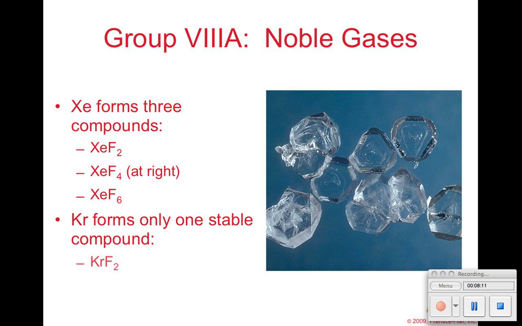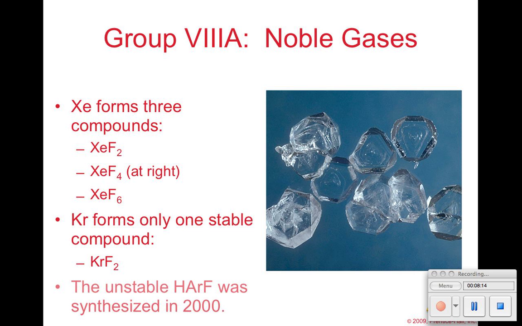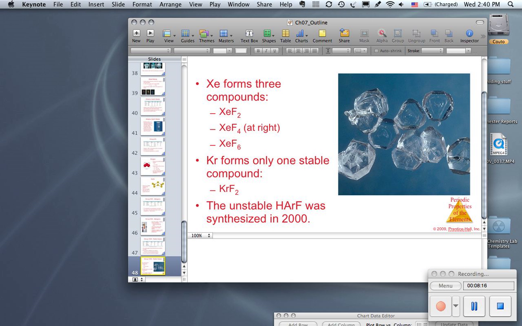Krypton forms one stable compound as well. Then there's the unstable argon fluorine compound, which was synthesized in 2000, but with limited application in the long run. So that's it, and I will see you in class tomorrow.